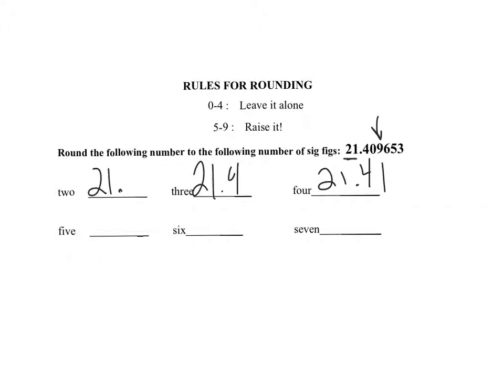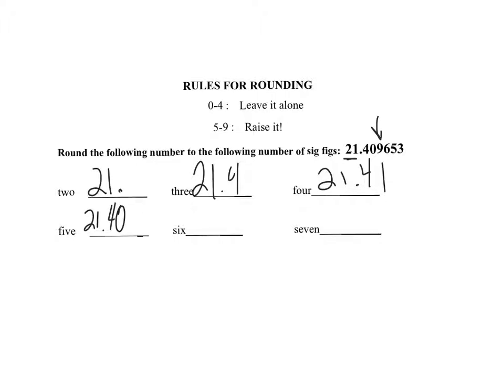I want to round this number to 5 sig figs. 21.4. This one's going to be kind of interesting because you'd initially want to say 21.40 and say, okay, well, 9 is my last one. Look at your 6th digit. Well, your 6th digit is a 6. And according to our rules, that means it's going to round up.